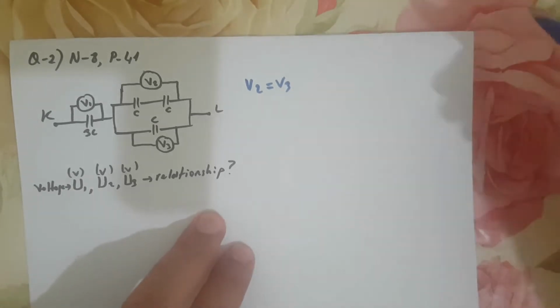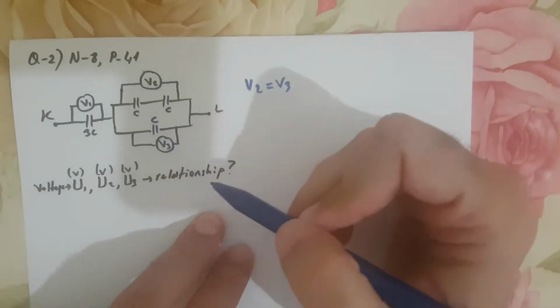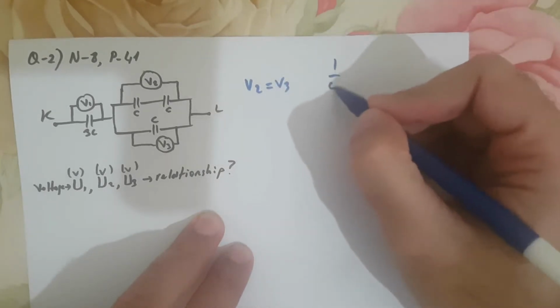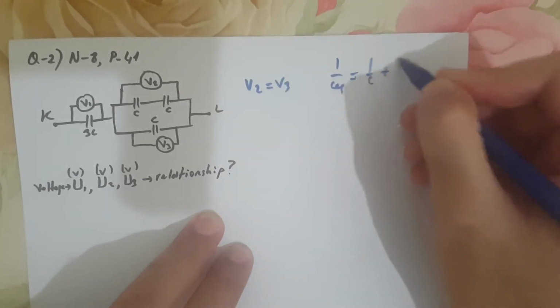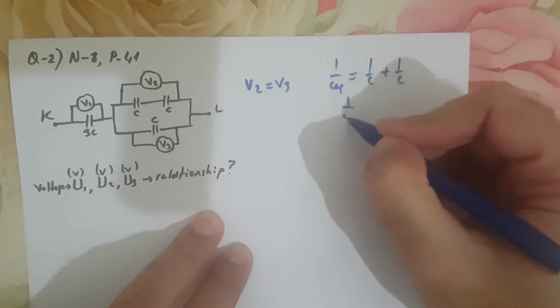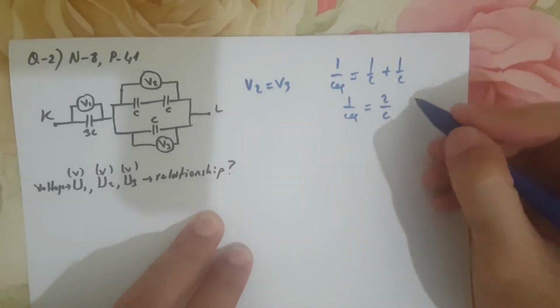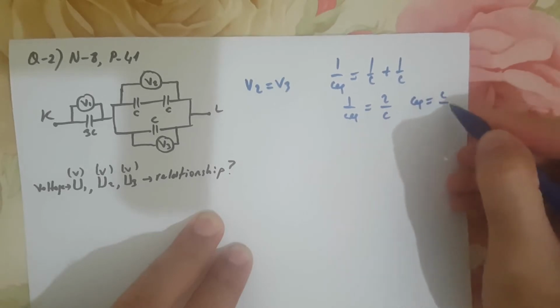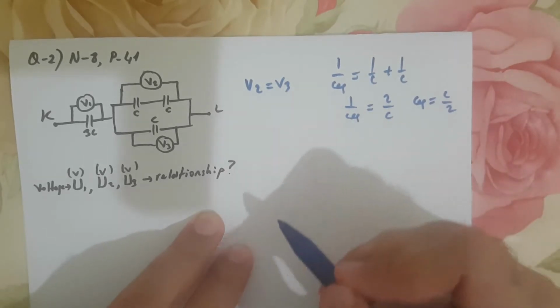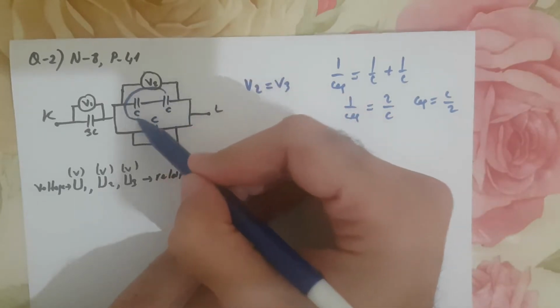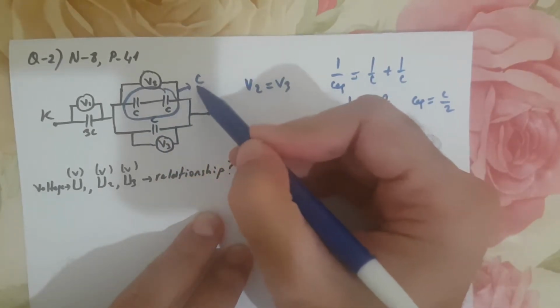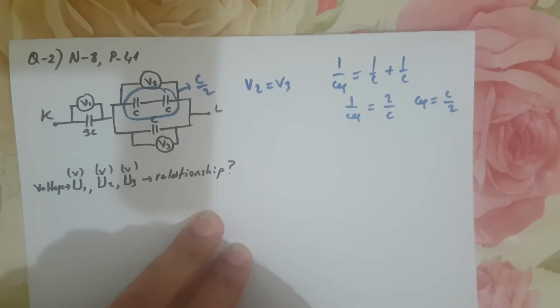So let's write C and C: 1 over C plus 1 over C. So 1 over C equivalent is equal to 2 over C, so the C equivalent becomes C over 2.